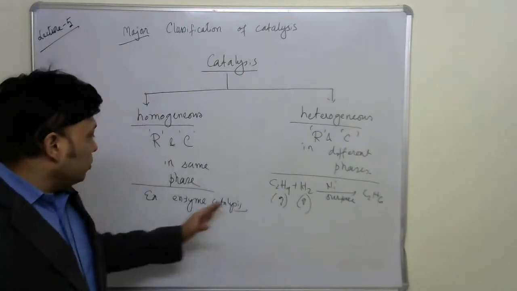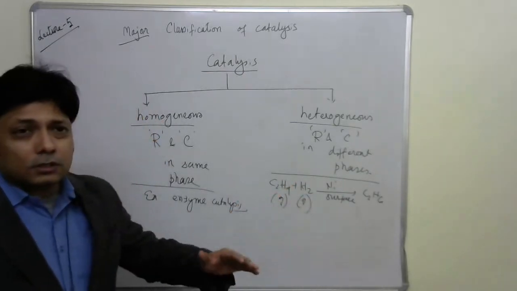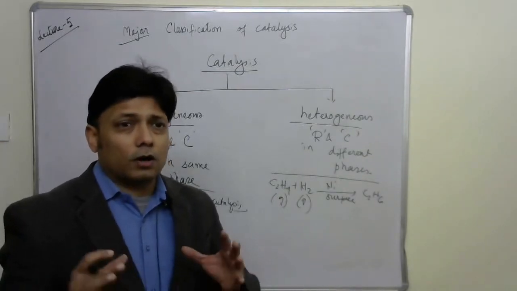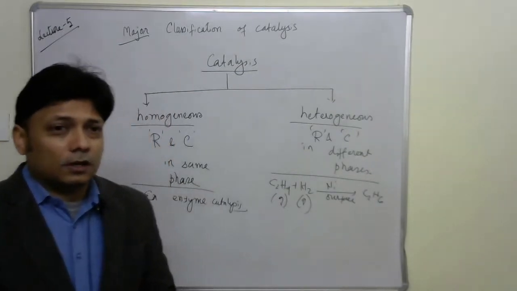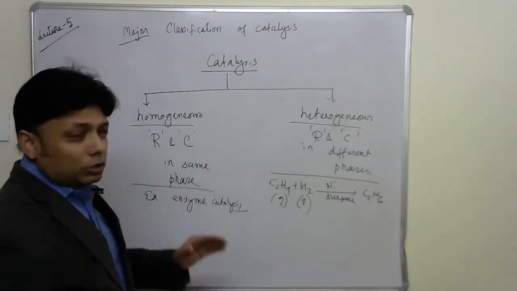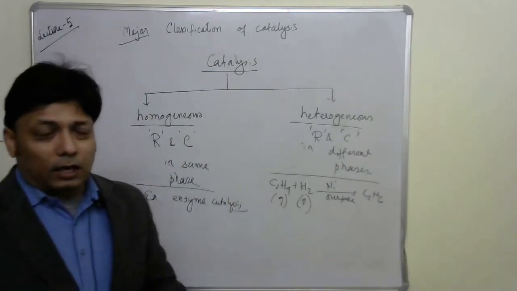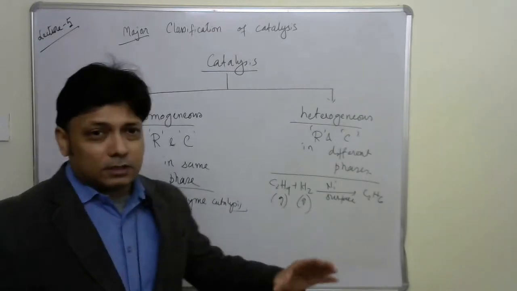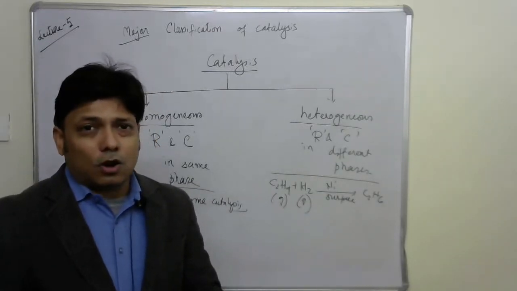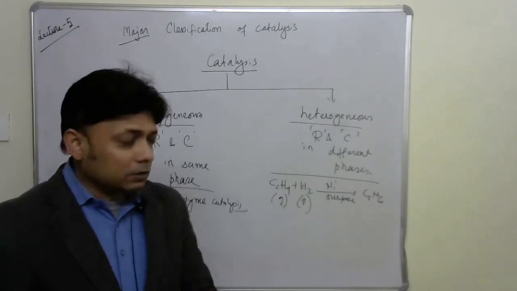Now both the homogeneous and heterogeneous types of catalysis are very important for human civilization. First of all, because enzyme catalysis is a homogeneous reaction, and without enzyme catalysis life would not be surviving on the earth.